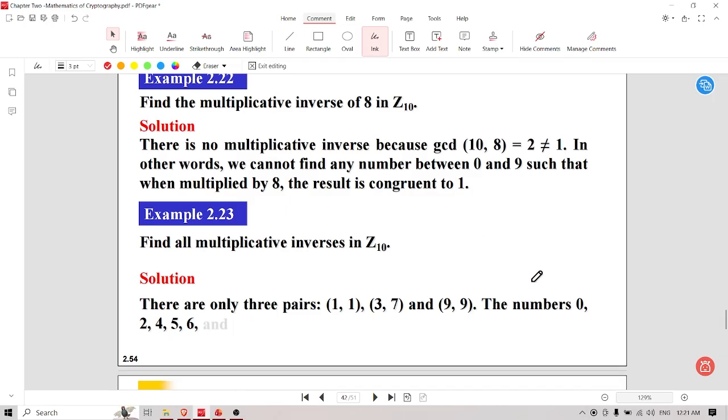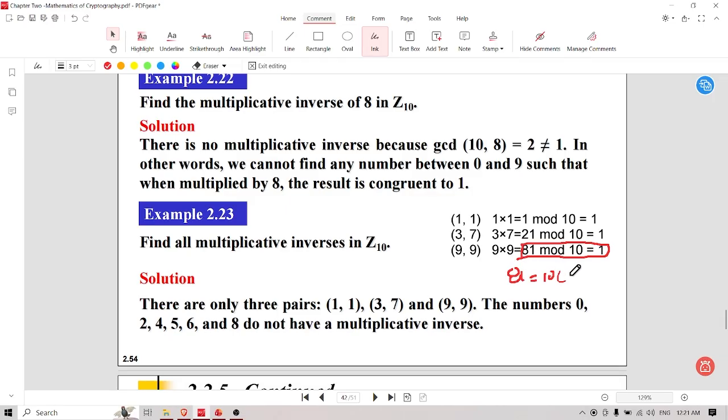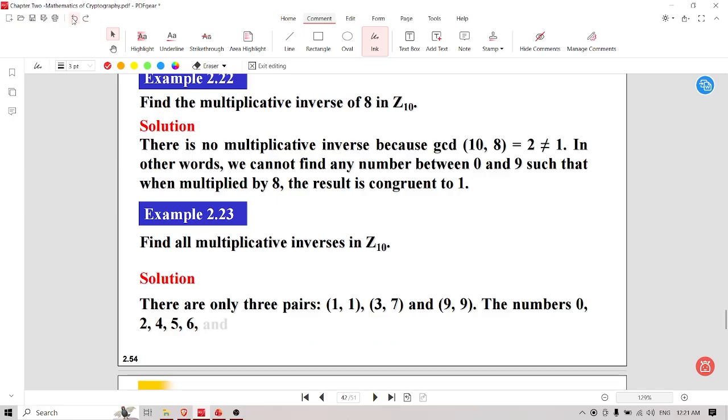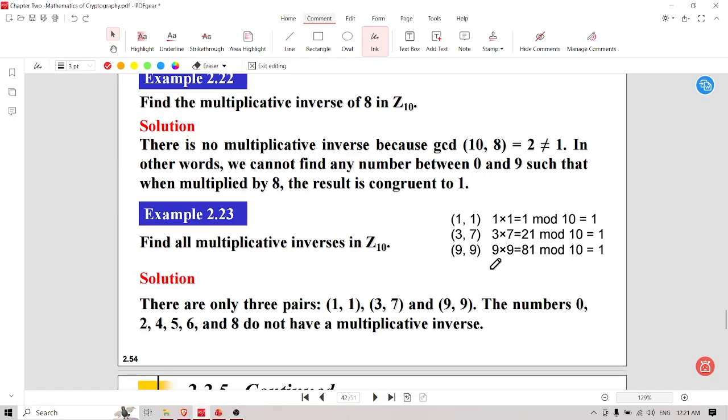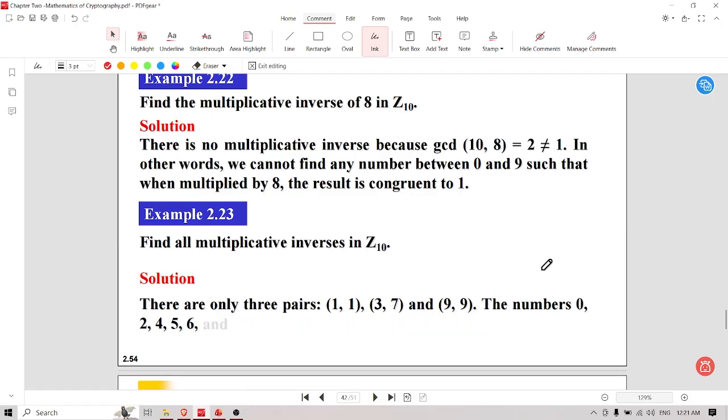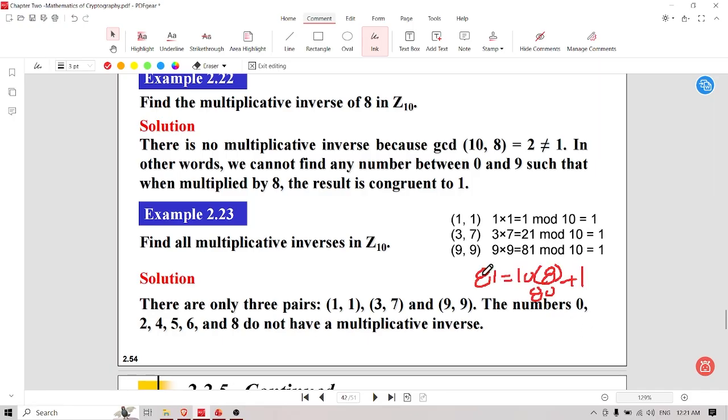Because 81 is equal to 10 multiplied by 8, which is 80, plus 1. 80 plus 1 is 81.